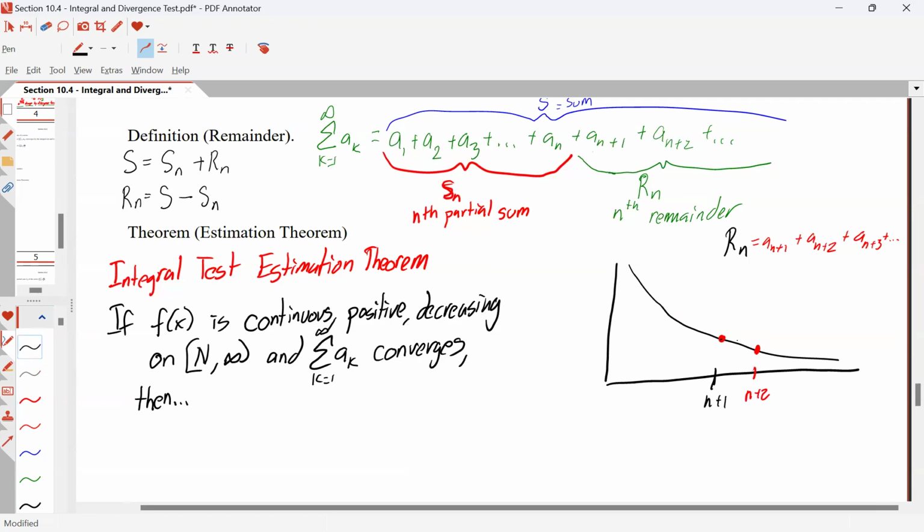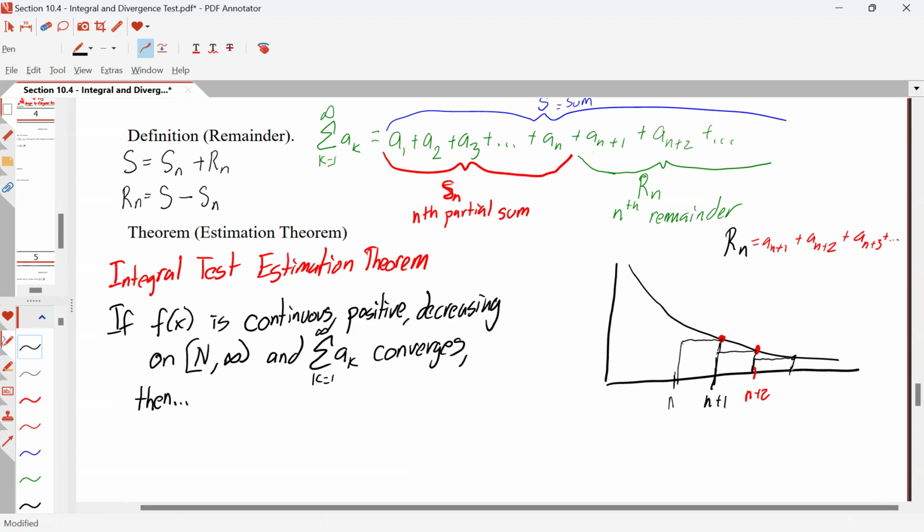Well, using that idea of boxes, if I draw my boxes going to the left, then my sum is under this curve.